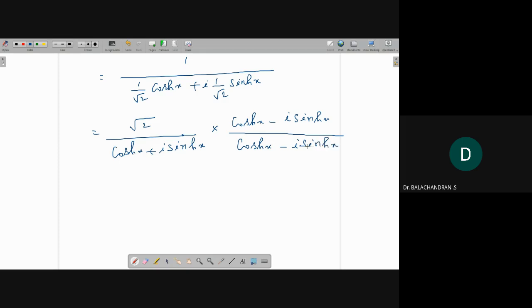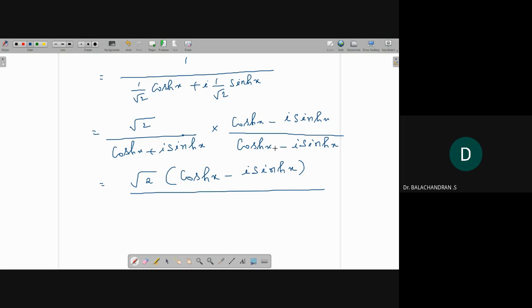Okay, so now what is the numerator? The numerator is root 2 into cosh x minus i sinh x. And the denominator is of the form a plus ib into a minus ib.